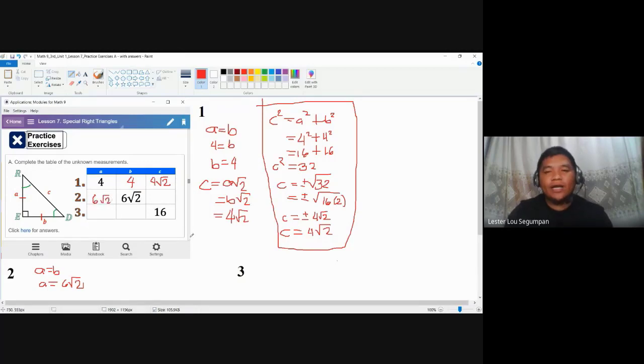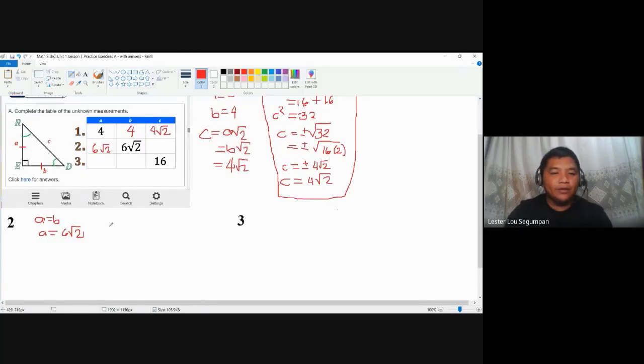And since we already have established, under the Pythagorean theorem and the isosceles right triangle theorem, or the 45-45-90 right triangle theorem, we'll have the same result for the value of the hypotenuse. You don't need to use the Pythagorean theorem anymore. We all know that C could be either A square root of 2 or B square root of 2 because they have the same value. So let's use the value here.